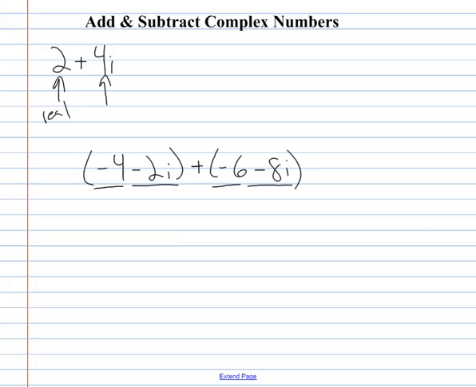So the -4 plus -6, that's just a real -10. And the -2i plus the -8i would combine to be a -10i. So that would be the new complex number if we add those two together. So it's just like combining if those i's were x's.